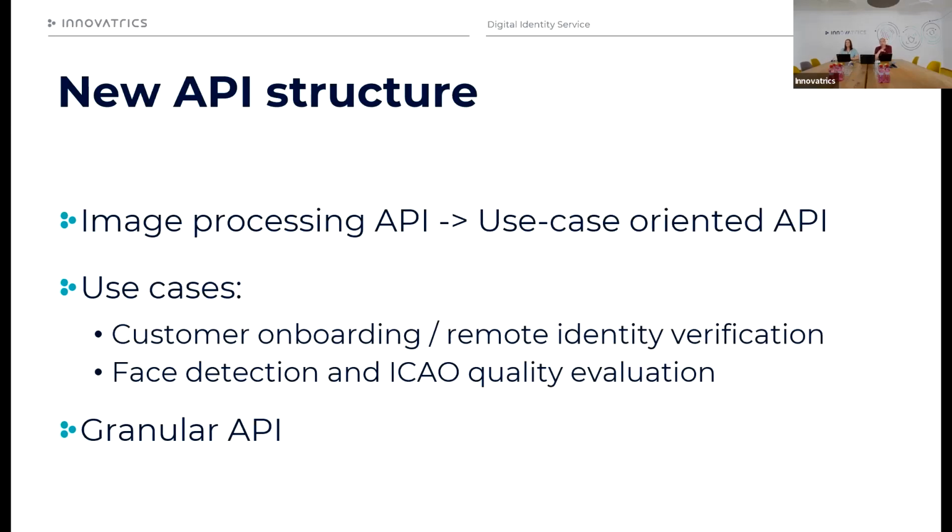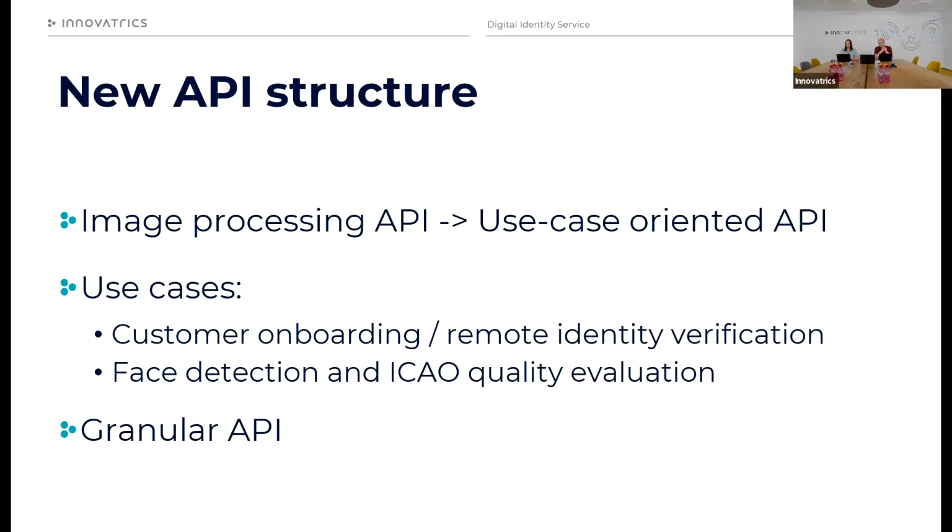The structure of the API has changed. In the previous components of the solution, we had services that acted as image processing APIs, where on the input was an image and the output was a long, complex response that extracted all the data from the image.